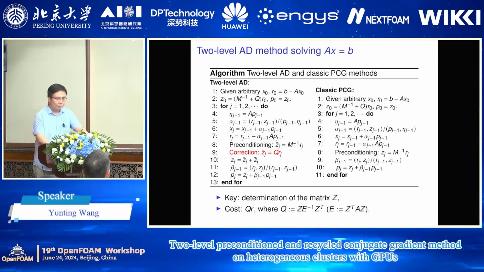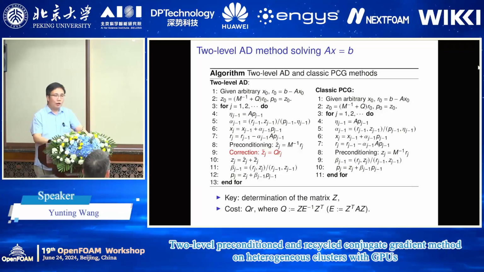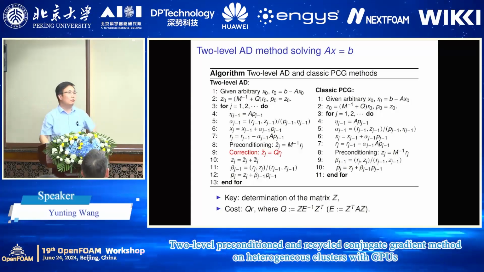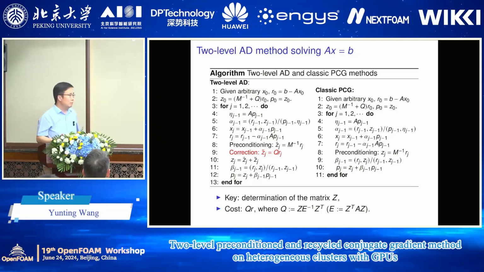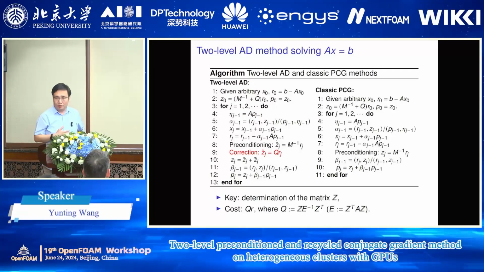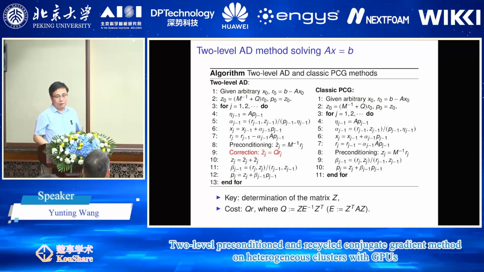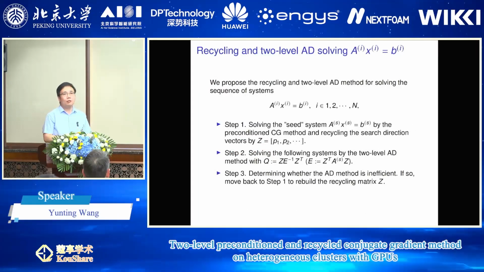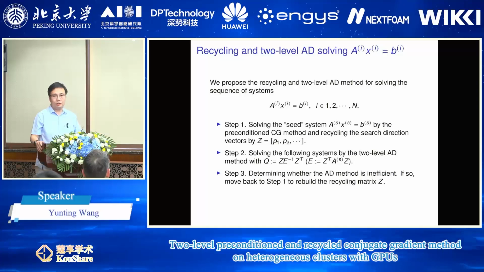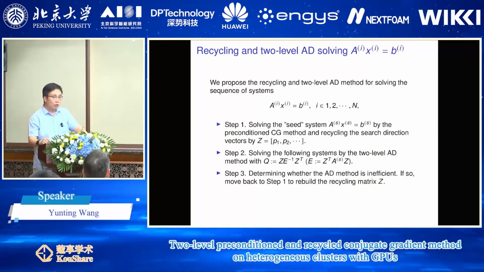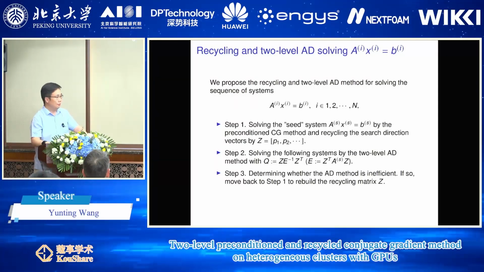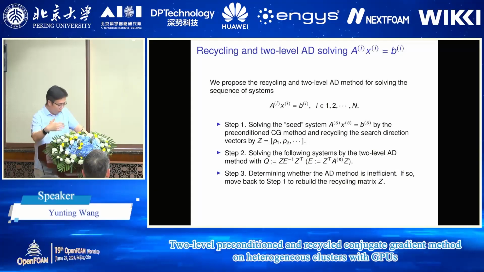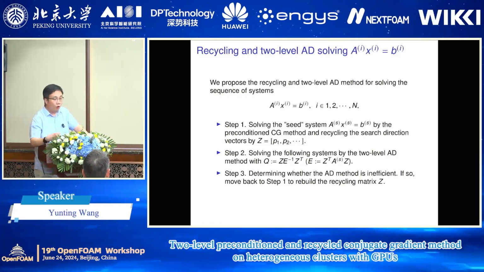So far we have been thinking about solving a single linear system. But our objective is to solve a sequence of linear systems. In the next slide, suppose that we have a sequence of linear systems. The first system we solve by the standard PCG, and we call it the seed system.